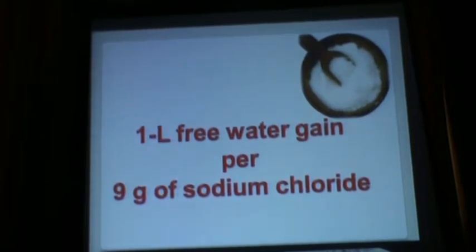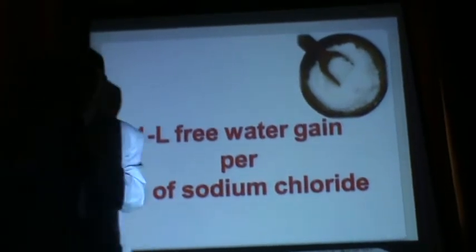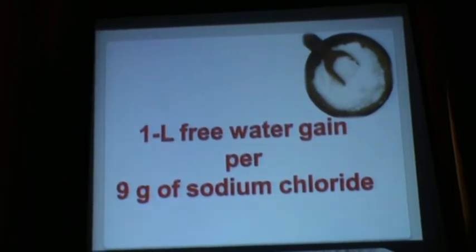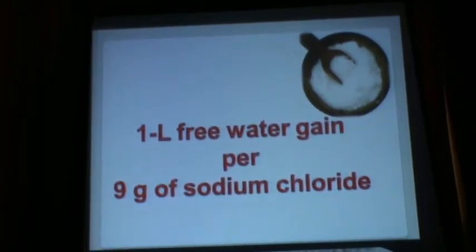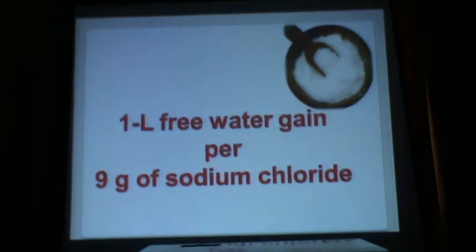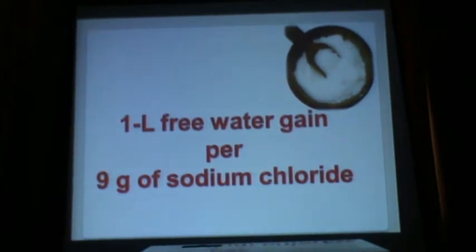So when somebody consumes about 1 tablespoonful per 24 hours, or whatever hours he is using it, he is obliged to take 1 liter of fluid after. This is very important in our patients, because if they are going to consume this large amount of salt per day, they will take fluid obligatorily, or in French, obligatoire.